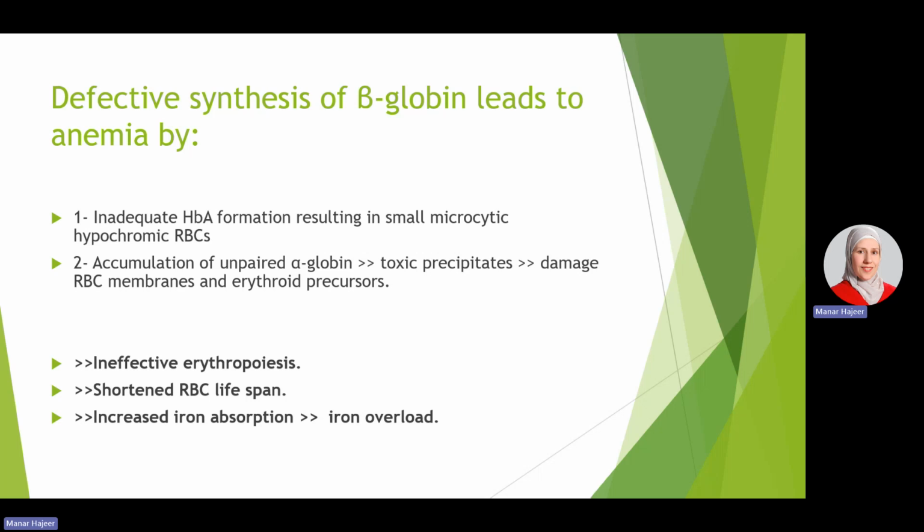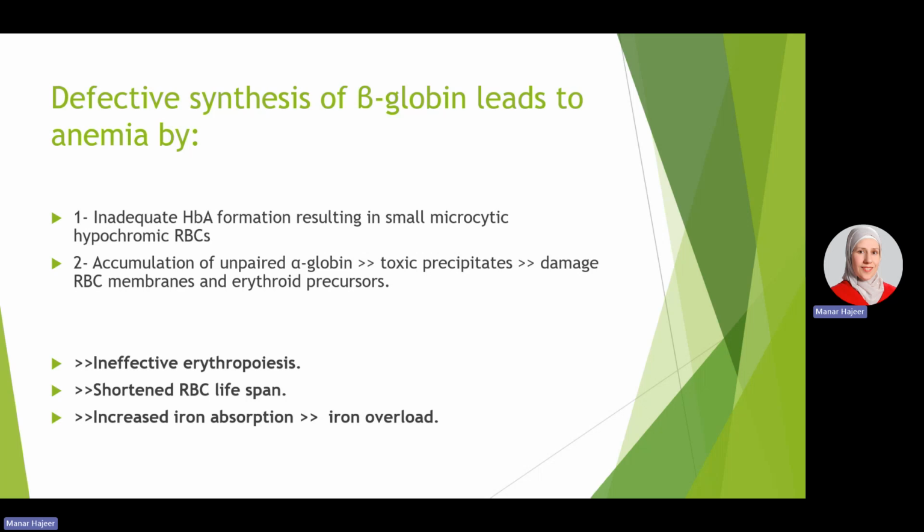So they die in the bone marrow. It will be reflected by decreased red blood cells in the peripheral blood. So we call it ineffective erythropoiesis.